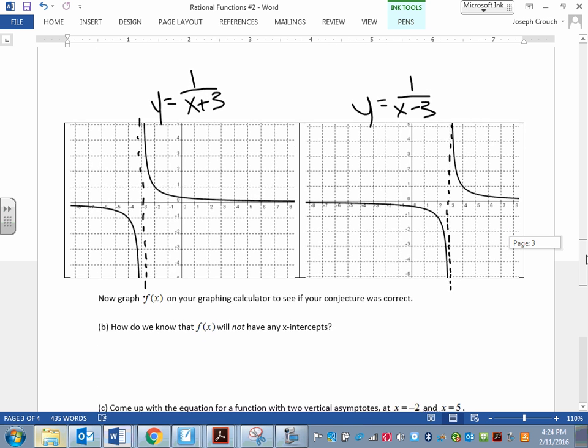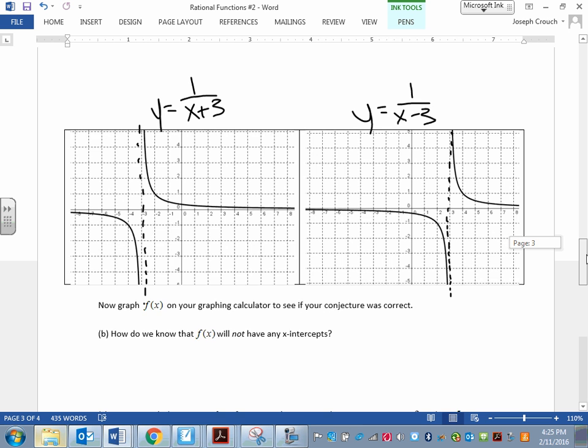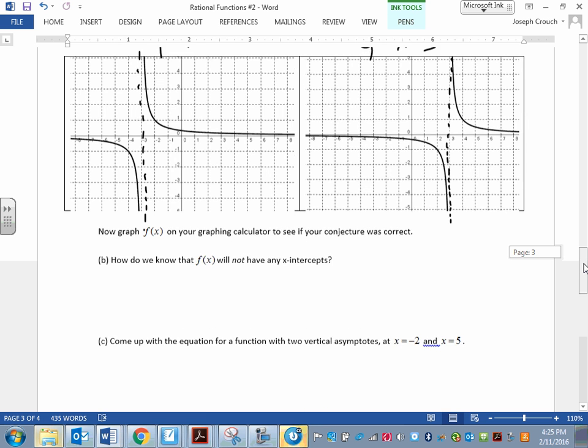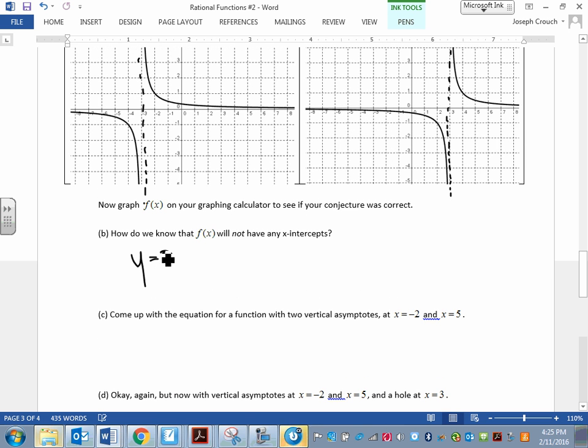Now, how do you know that f of x will not have any x-intercepts? So x-intercepts occur when, what's the best way to say this? When we're dealing with these things, they're always fractions. X-intercepts occur when y is 0. So y equals 0 gives us an x-intercept.